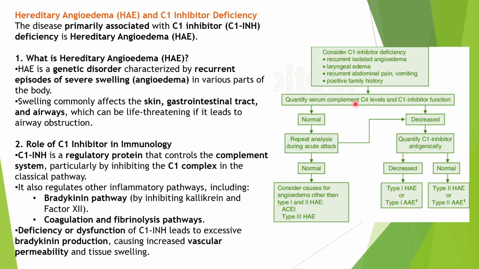So this is basically how the different types of HAE are detected, because it can involve C4 levels, and the effect of C1 inhibitor on the complement pathway is checked to find out which type of HAE is present. This is just information, it is not required.